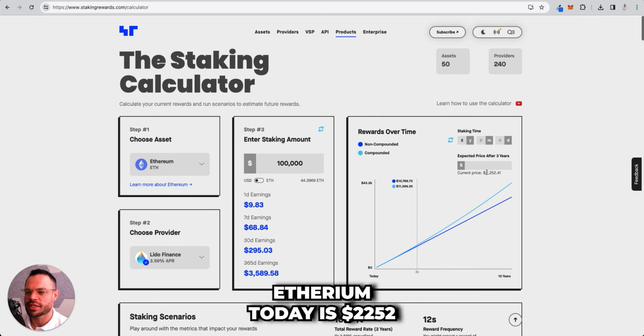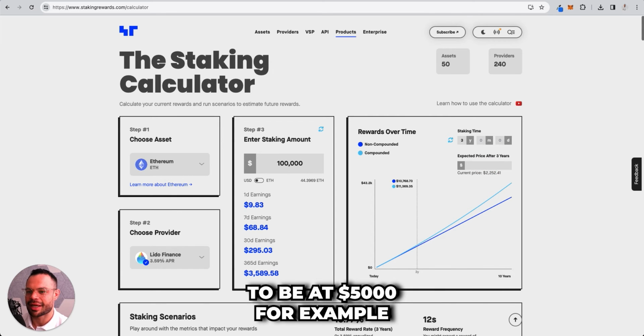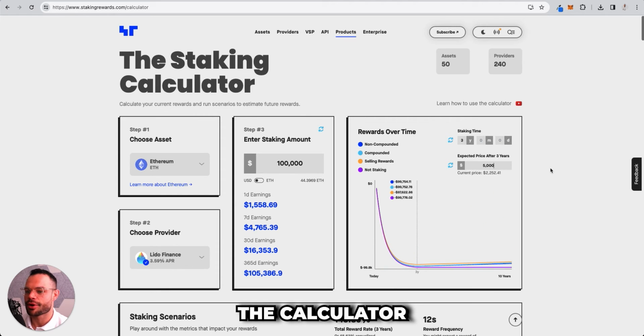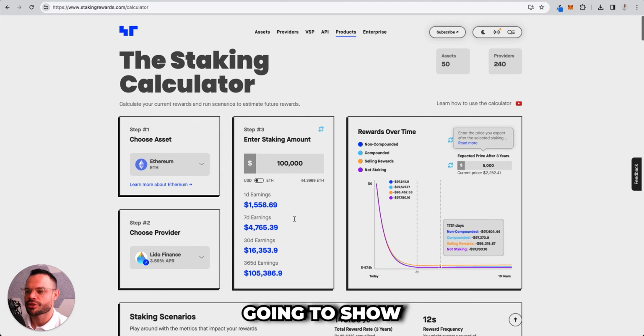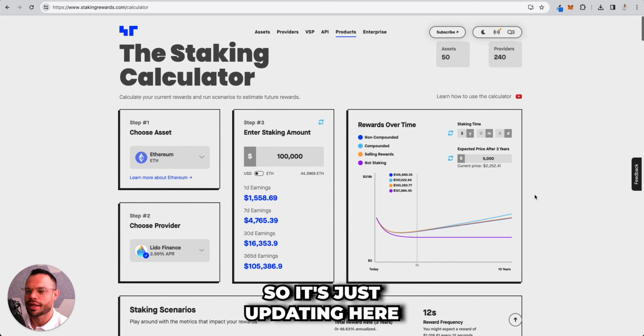So the current price of Ethereum today is $2,252. But in 3 years' time, if we expected that to be at $5,000, for example, we would plug $5,000 into the calculator, and that's going to show us our reward over time. So it's just updating here.